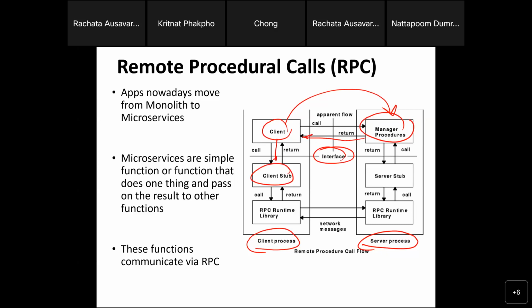This is the same as the other stubs that you've seen so far. Basically, it unwraps this and performs the proper call using the RPC runtime library. The RPC runtime library then uses the network layer to send the message over to the RPC runtime library at the server.